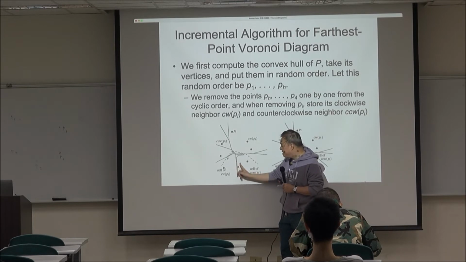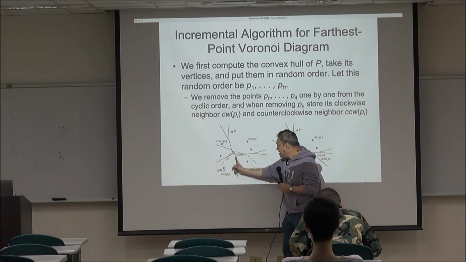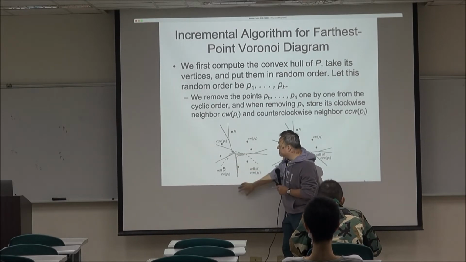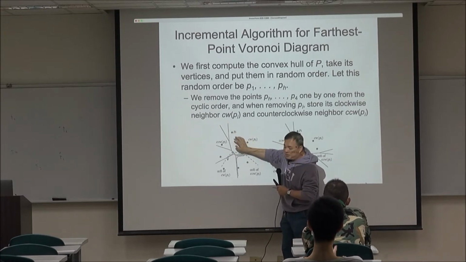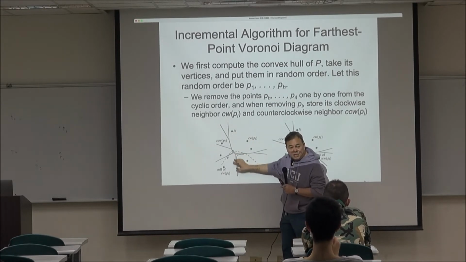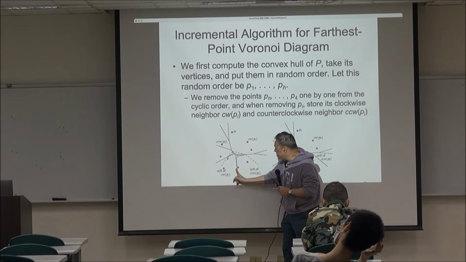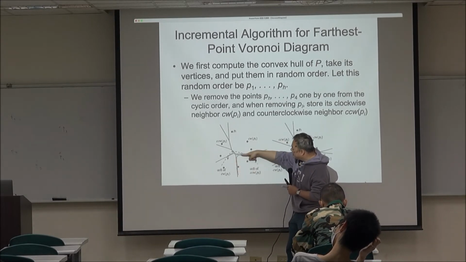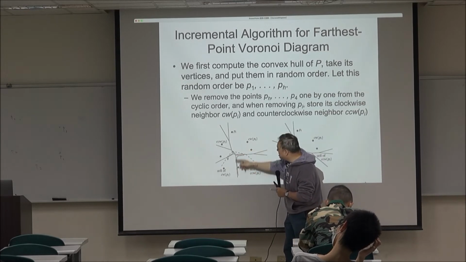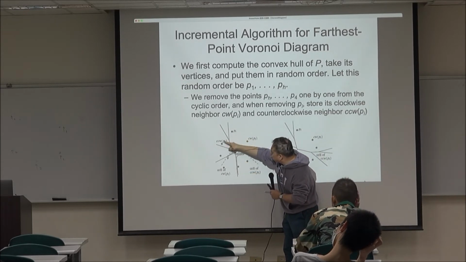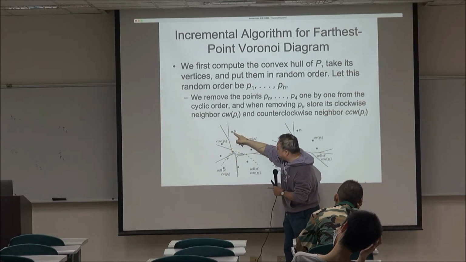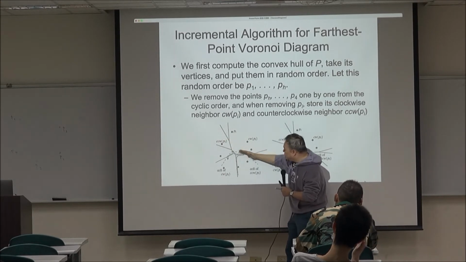You just go to here, and because this edge, as I say, most likely will be completely included in the cell of pi, you traverse through this edge. When you traverse to here, you try to draw the clockwise pi, the counterclockwise pi, and pi, and you draw the bisector.